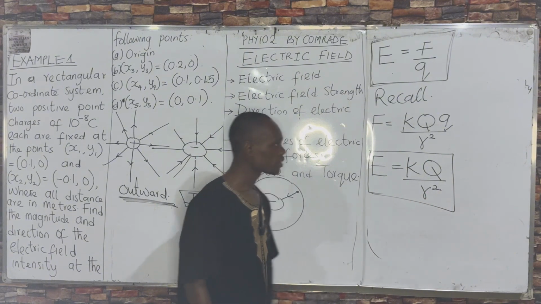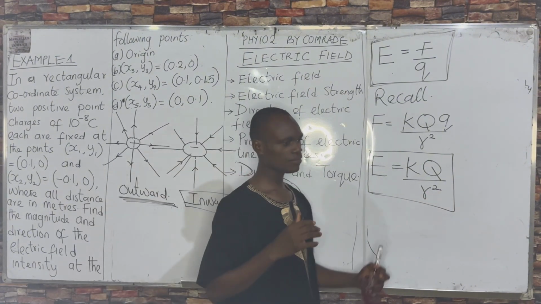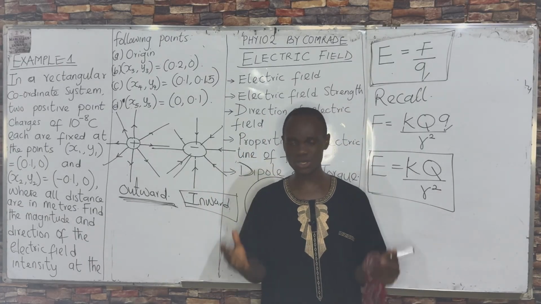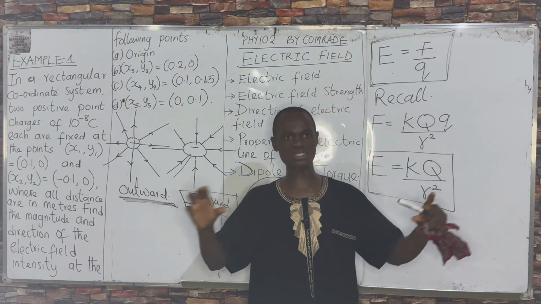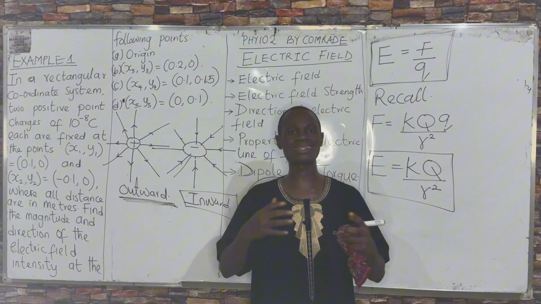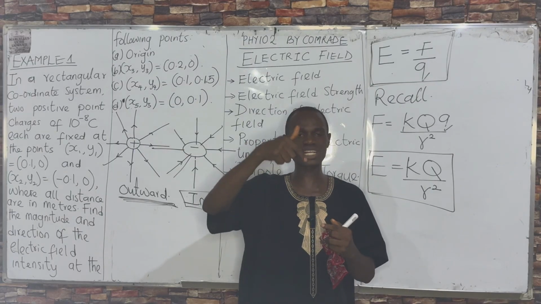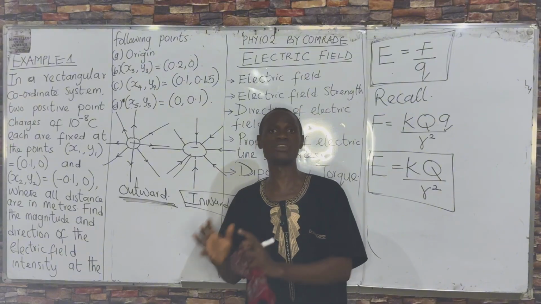Is that clear? Now, the next thing, let's look at the properties of electric lines of force. To actually represent the electric field, we use what is called lines of force. What are lines of force? Lines of force are imaginary lines in which the tangent to it at any point gives you the direction of the field.